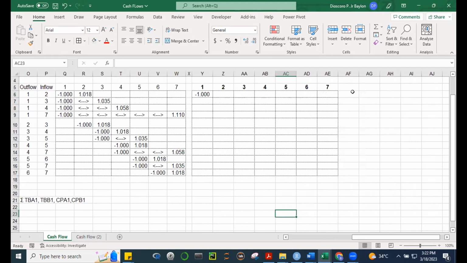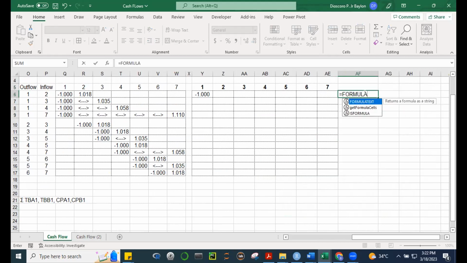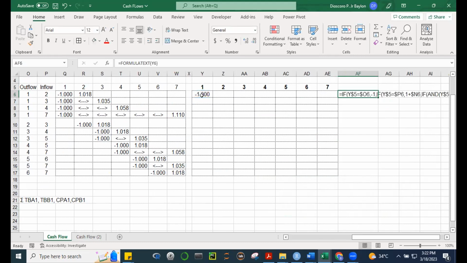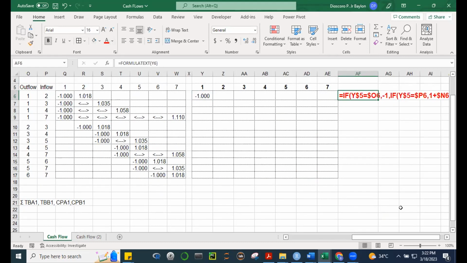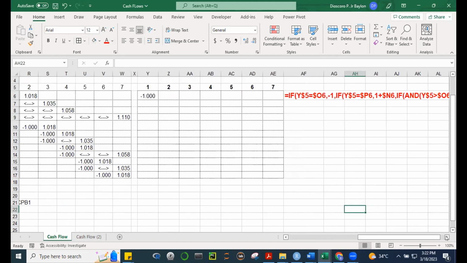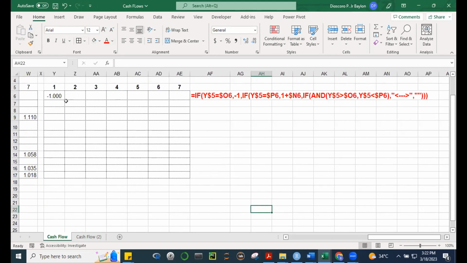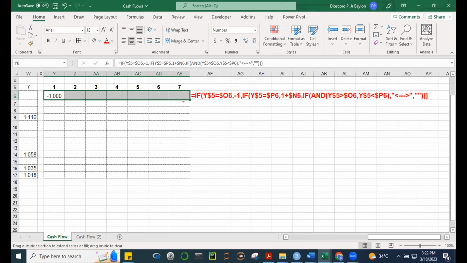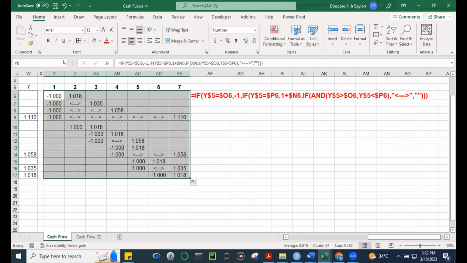And let me put here the formula text for your reference. Okay, and then let me copy this there. Notice, nothing open here. It stopped here and then down. There you go.